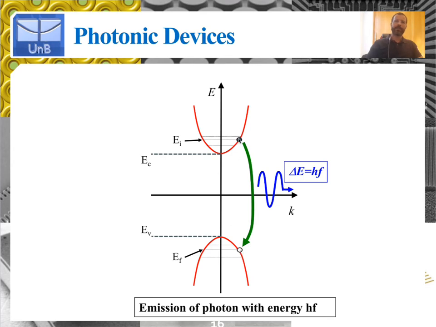So an electron in an initial state Ei and an empty state in the final level Ef, so that the electron can move down and occupy this empty state, and as it loses the energy, the energy is converted into a photon. These two things need to happen in order for emission to be possible. You need to have an occupied state in the conduction band and an empty state associated with specific energies in the conduction and in the valence band.